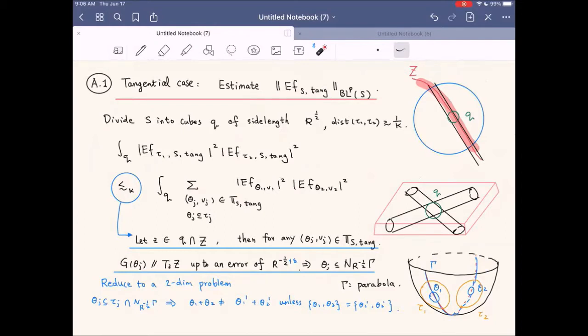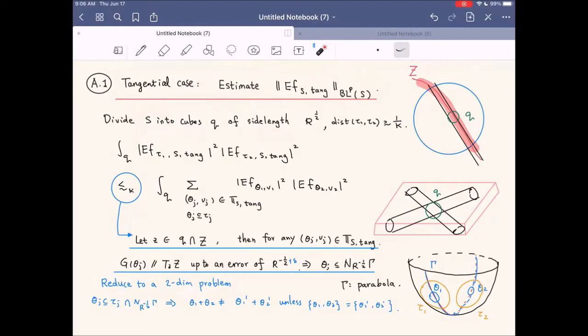To estimate the tangential case, as we have seen earlier, we can decompose the set S, which is W intersect a slightly smaller ball, into a union of cubes of side length r to the 1/2.